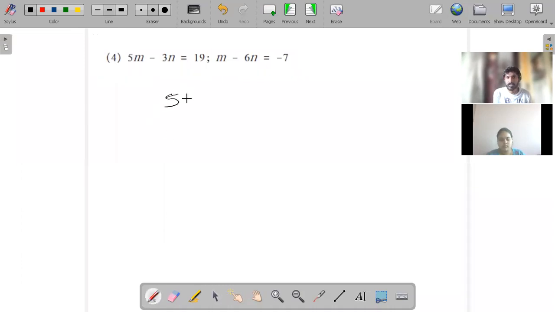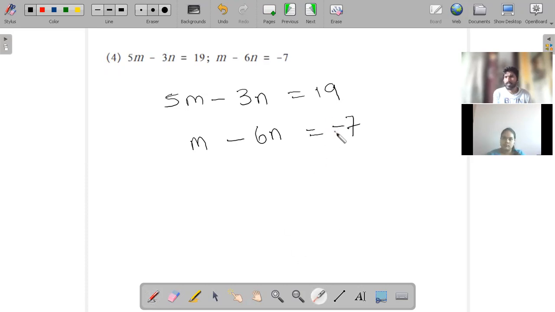Okay, let's see. You tell me first what to do. This is 5m minus 3n is equal to 19, and m minus 6n is equal to minus 7. This minus 7 is okay, there is nothing different about it. You look at this side only. What can get cancelled?